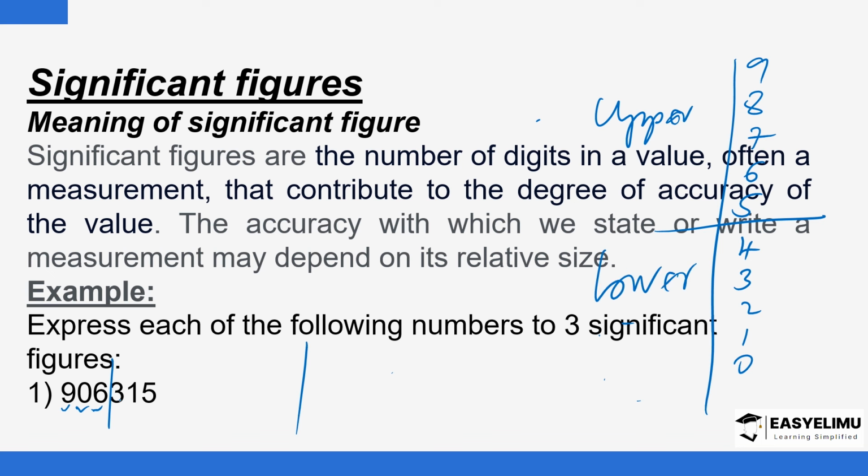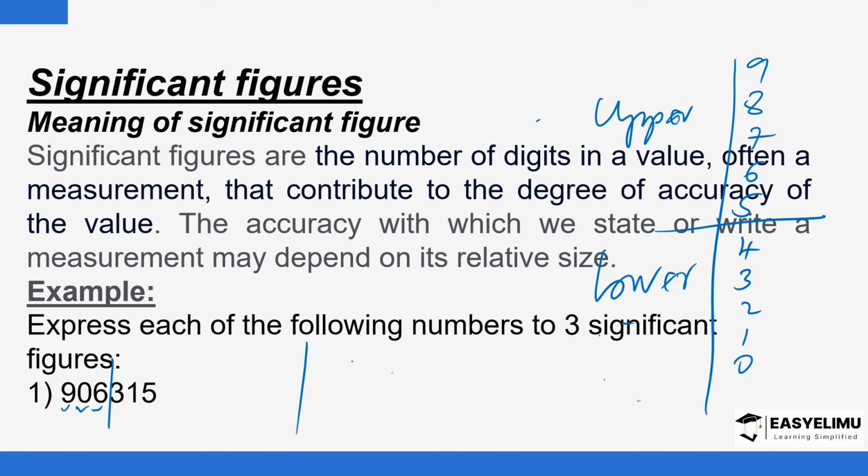So if the digit after the cutoff line falls in the upper category, increase the digit before the cutoff line by 1. If the digit after the cutoff line falls in the lower category, leave the digit before the cutoff line the way it is. And of course, all the digits after the cutoff line will always reduce to zeros, just like we did when we were talking about decimal places.